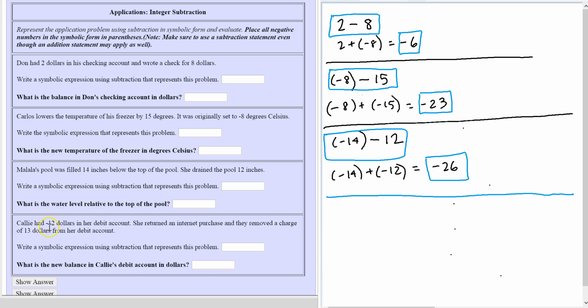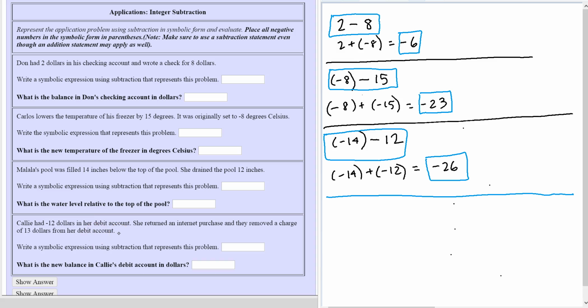Now let's look at the last one. This one is the trickiest. Callie had negative $12 in her debit account. She returned an internet purchase and they removed a charge of $13 from her debit account. Write a symbolic expression using subtraction that represents this problem. So let's think. So she started with negative $12.